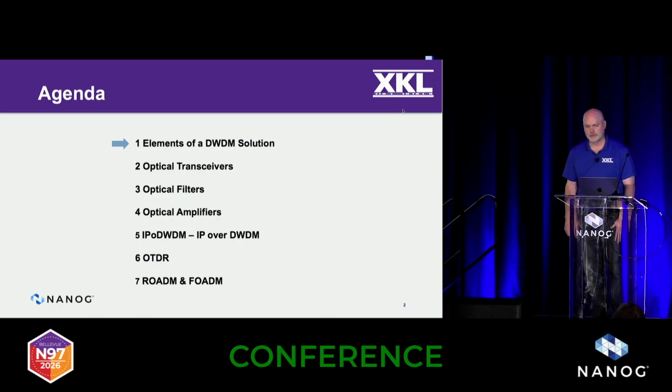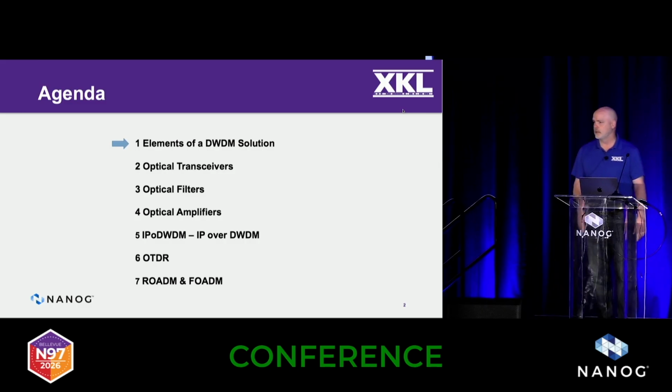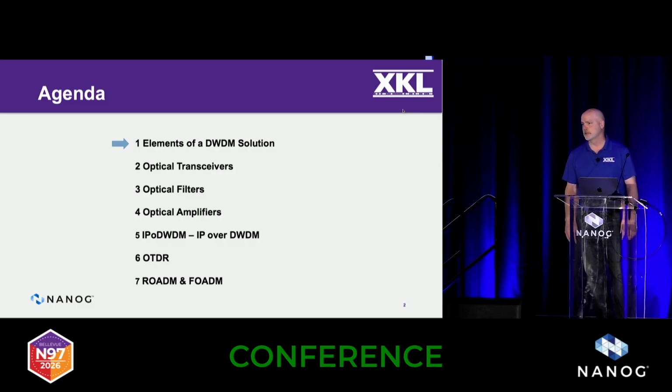So this is what we talk about today. We'll briefly touch on the elements of DWDM solutions, right? What are the components that make that up? And the deep dives here in the other chapters: optical transceivers, filters, amplifiers. That's the core of what we're going to talk about today. IP over DWDM, that's a really hot topic. What is that? How does that work?